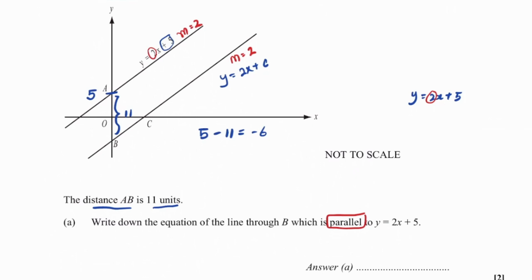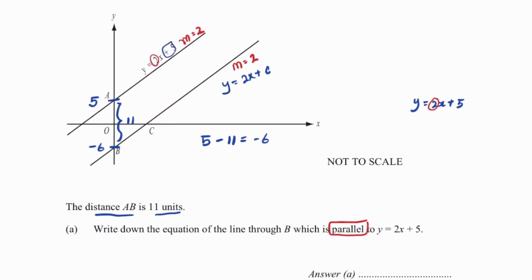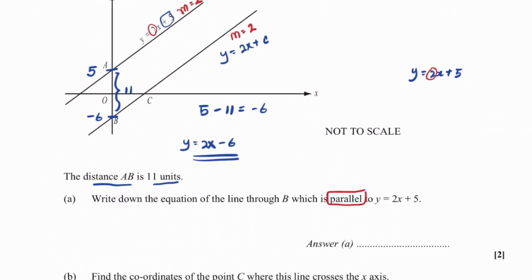So negative 6 is here. This shows that the y-intercept of that line, y is equal to 2x plus c, will be minus 6. So the answer that they are looking for is 2x minus 6.